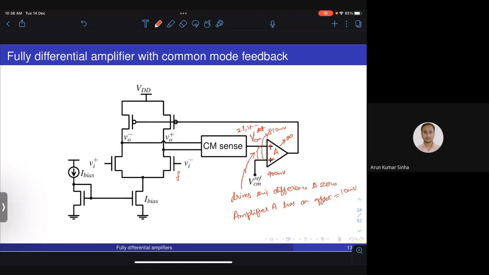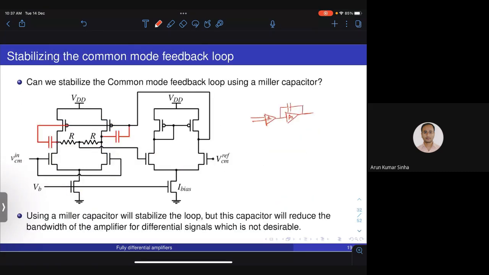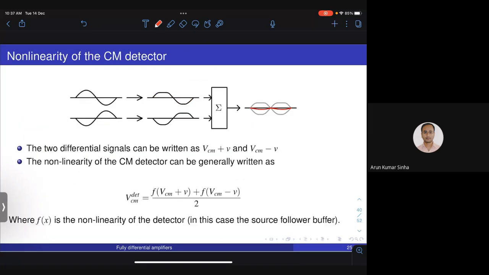That harmonic will now appear on the bias signal after getting amplified by the gain of the amplifier, and that again will come and appear at the output. So that is how the non-linearity of the common mode sensor will produce distortion on the output for the differential signals.